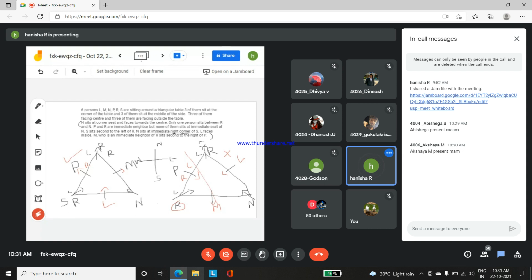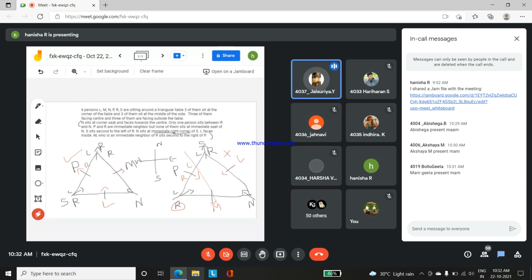Gunasegaran, present, ma'am. Hariharan, present, ma'am. Indira, present, ma'am. Janvi, yes, ma'am. Jayasuriya, present, ma'am.